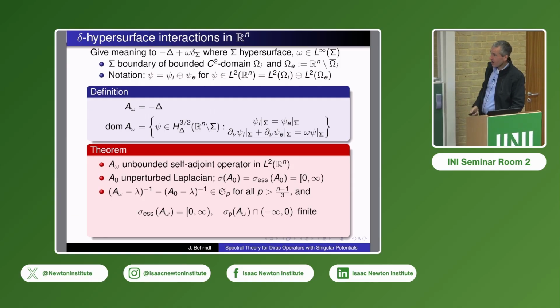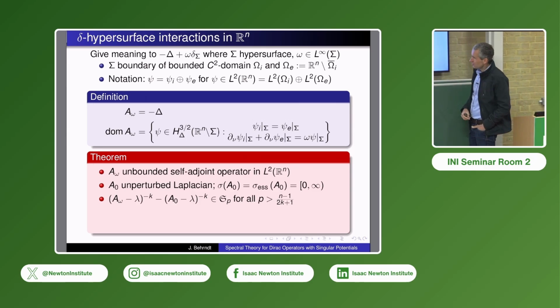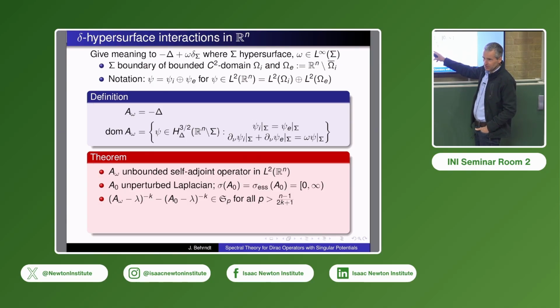But you can go for higher powers. And this I'm still showing you because it is of certain interest in scattering theory. So if you go to higher powers, then the power appears in the denominator. And for scattering theory, this is nice because now you can make k sufficiently big such that p equals 1 satisfies this inequality.